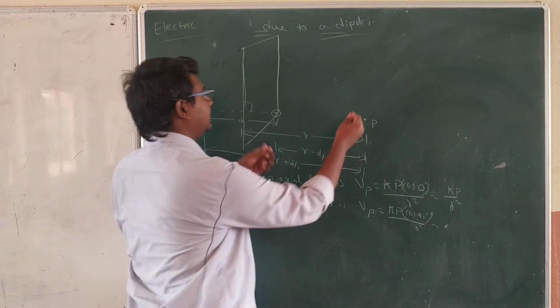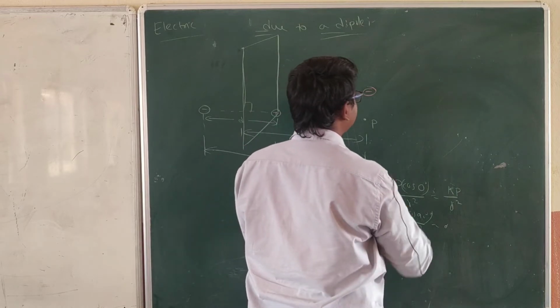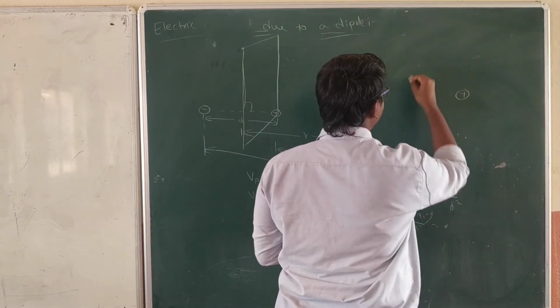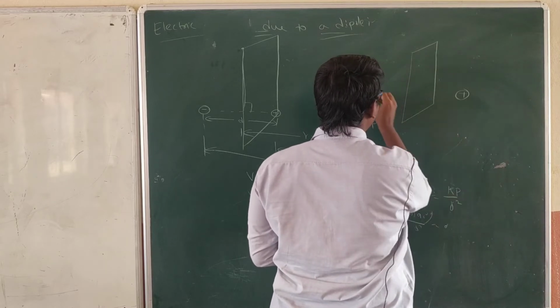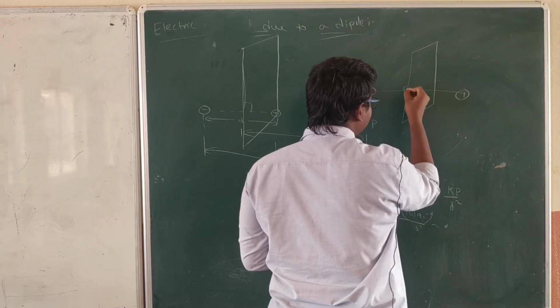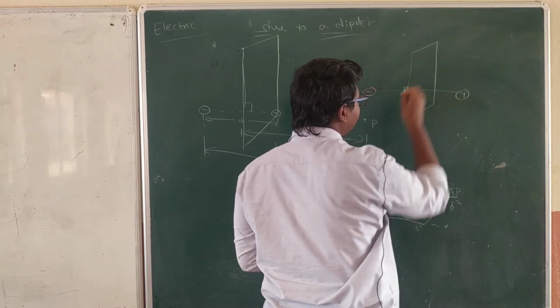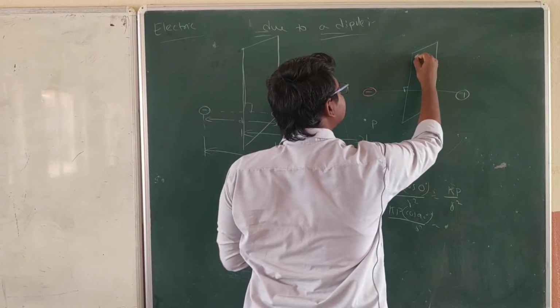In a clear diagram, let's see here the minus charge and here the plus charge, and let's consider a plane like this, and this line is making 90 degrees with the plane in 3 dimensions.